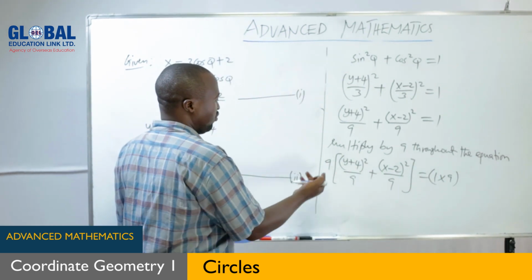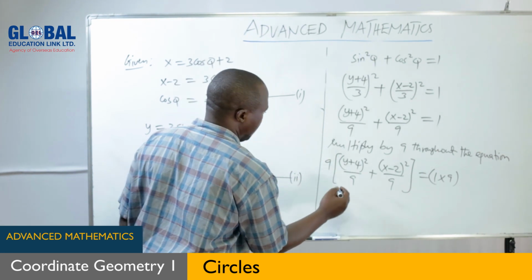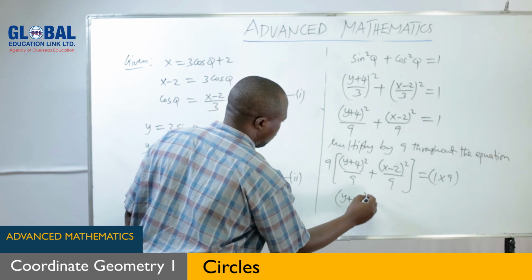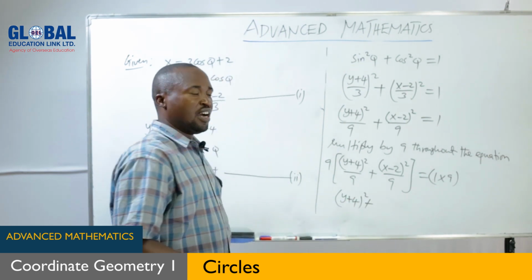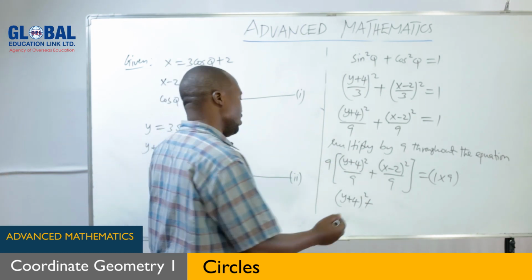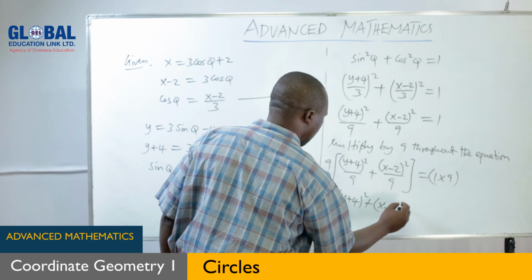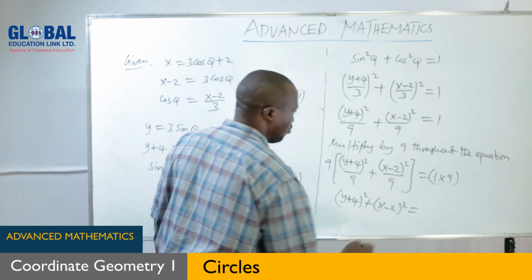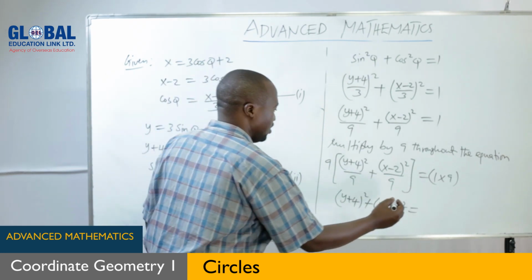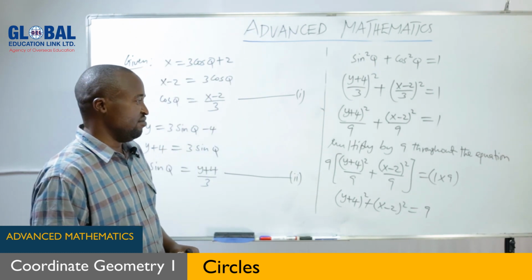So here we are going to have 9 times y plus 4 squared over 9, this will be y plus 4 squared, plus again 9 times x minus 2 squared over 9, we are going to have x minus 2 squared, which is equal to, this time we have 1 times 9, which is equal to 9. Now we have the equation.